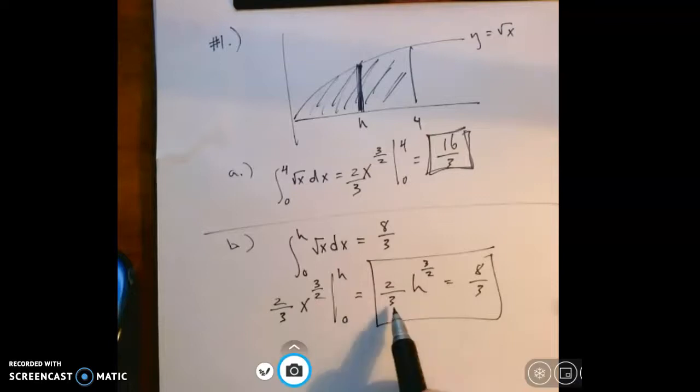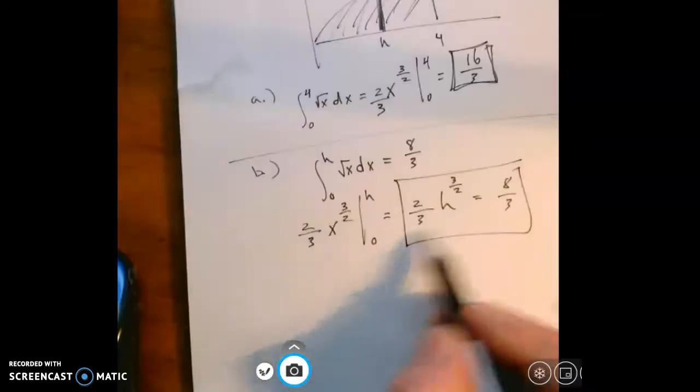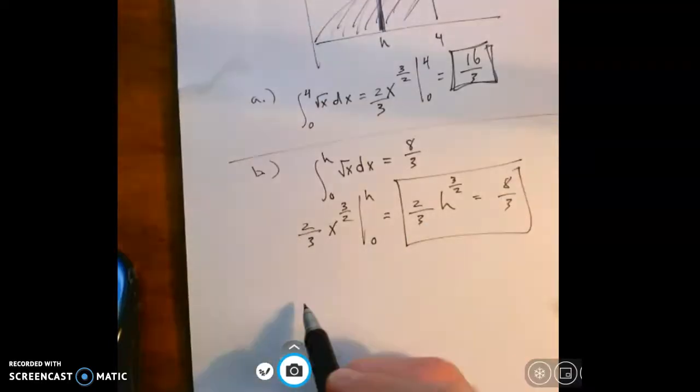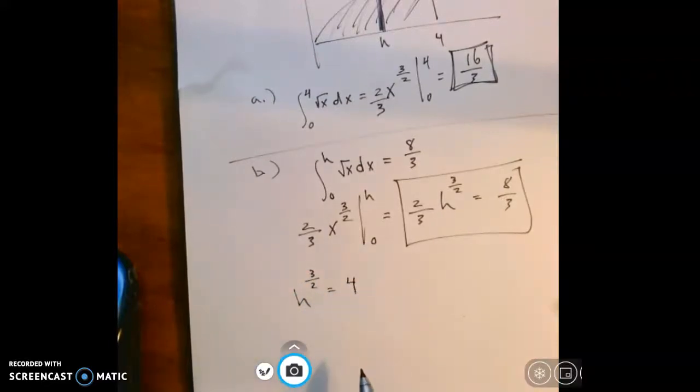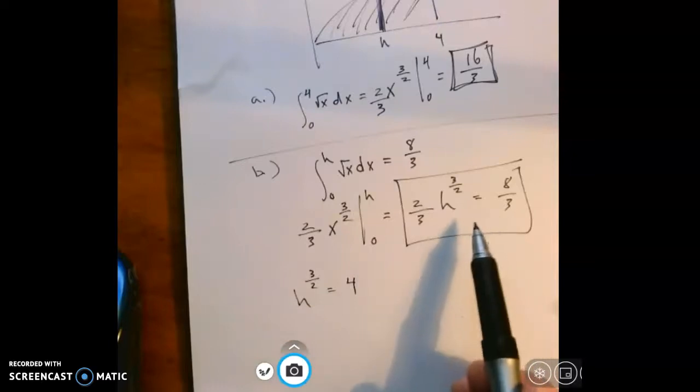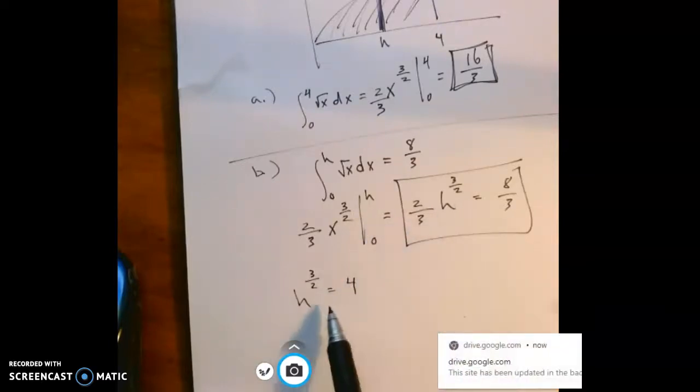So from here we just multiply both sides by 3 to get rid of the 3's, and divide by 2, and we end up with this. Now from here, this is a rational exponent. So what we've done in the past is we've undone these rational exponents.